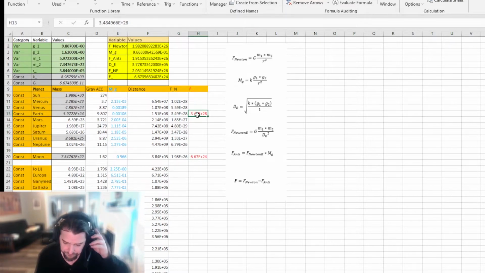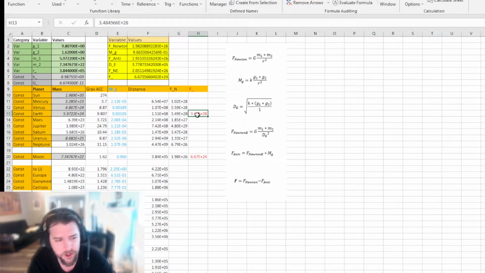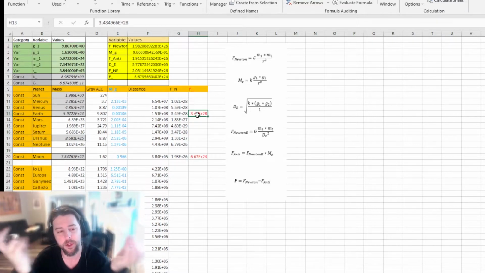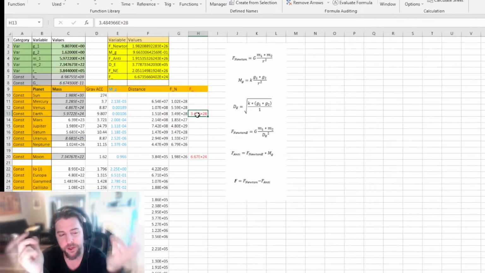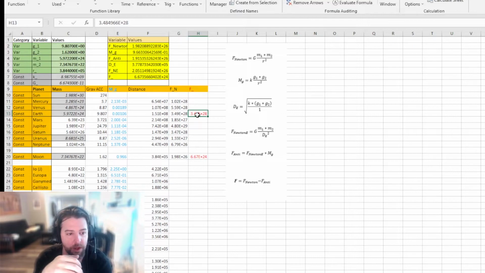So that doesn't look good. If everything is in equilibrium, then your math should say that everything is equivalent to zero when you sum out the balances of the two forces, the anti-gravity and the regular gravity working together. If they're truly in equilibrium, it should sum out to be about zero, kind of like our moon, or most of the moons. But that just doesn't happen on the planets.